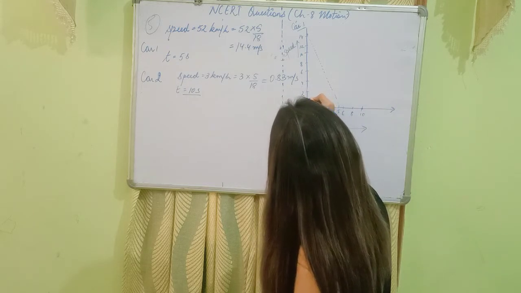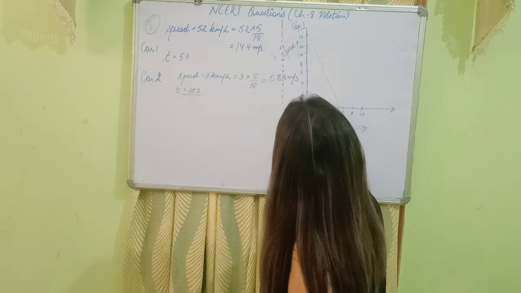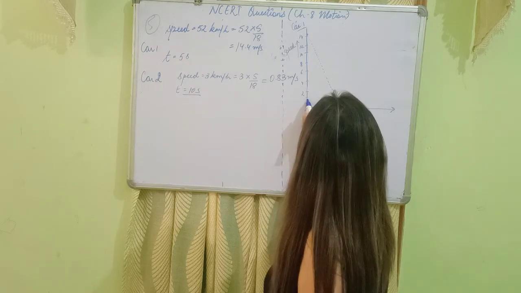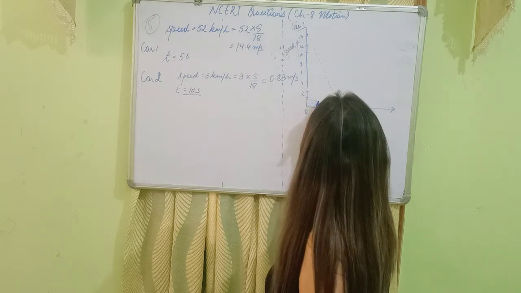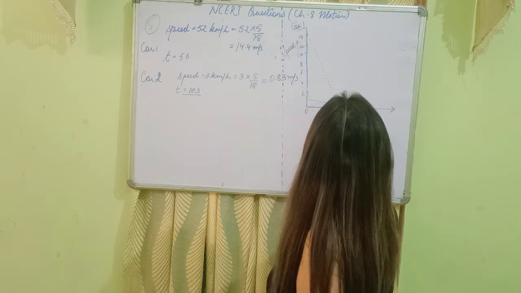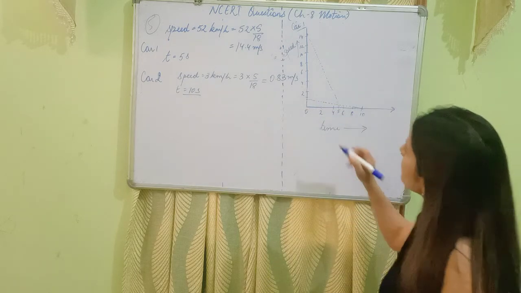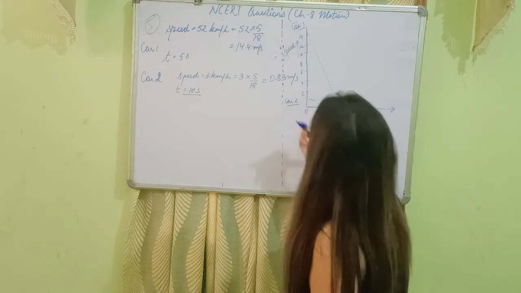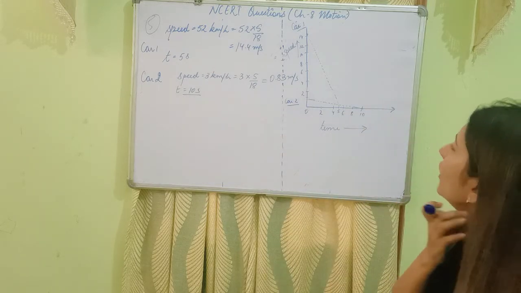So if this is 2 meters per second, let 1 be here and 0.83 somewhere here. This is for car 2. This is the graph you need to plot for both these.